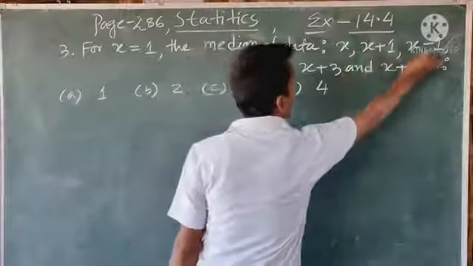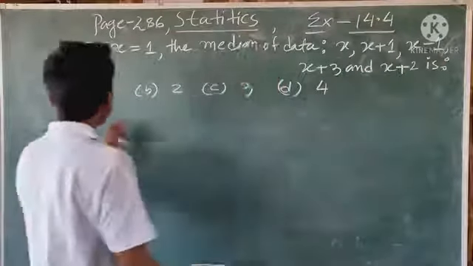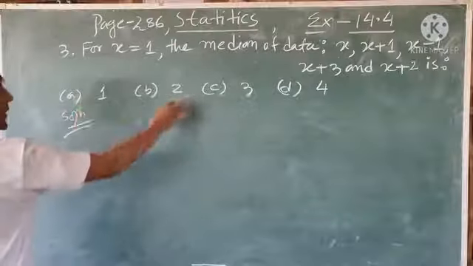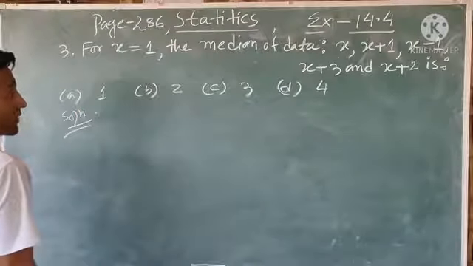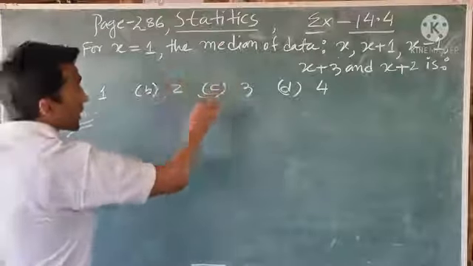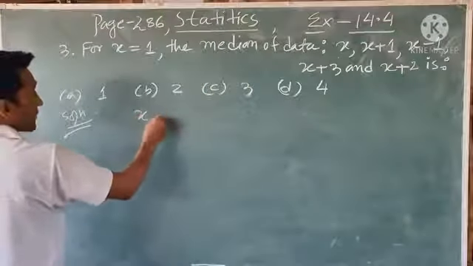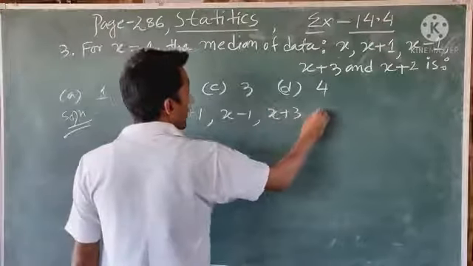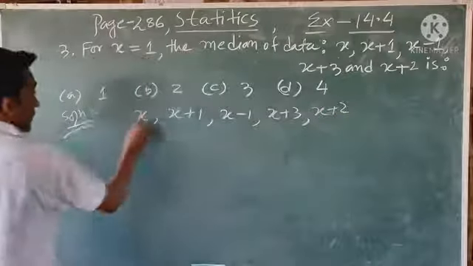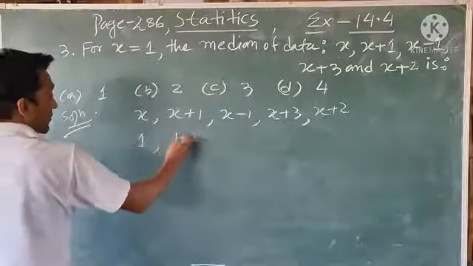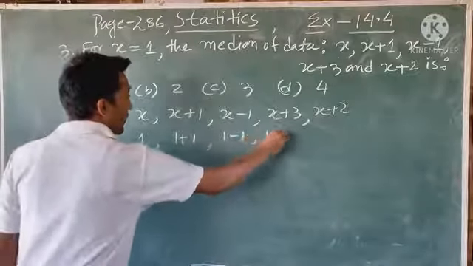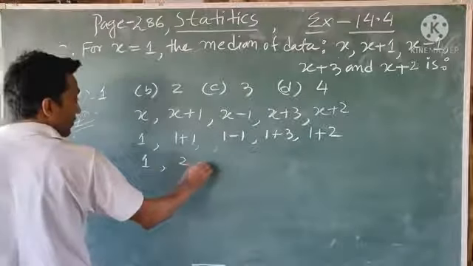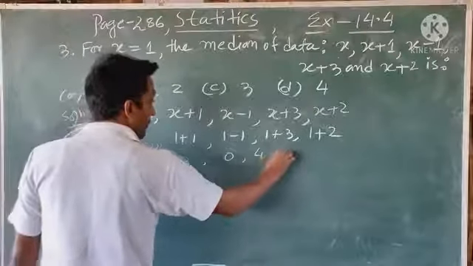Here x is given as 1. So x is 1: 1, 1 plus 1, 1 minus 1, 1 plus 3, 1 plus 2. So it becomes 1, 2, 0, 4, 3.